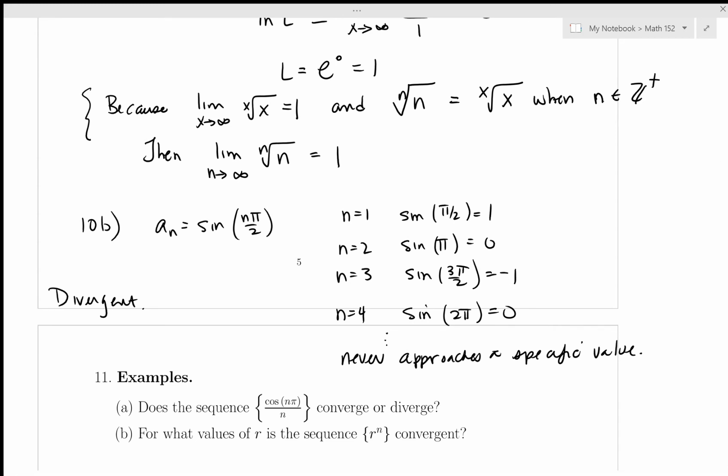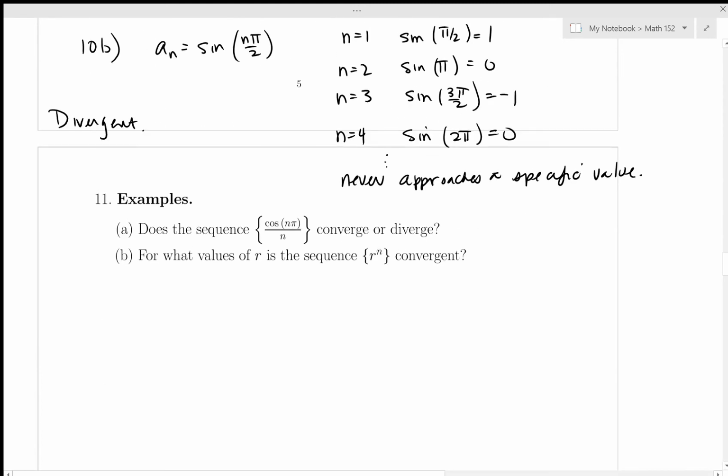All right, next couple of examples here. What about this sequence, cos n pi over n? Does that converge or diverge? The numerator is going to go between 0, 1, or minus 1, and the denominator is just going to keep getting larger and larger.